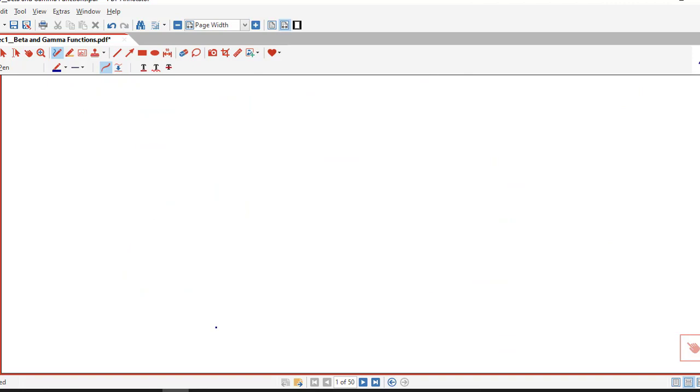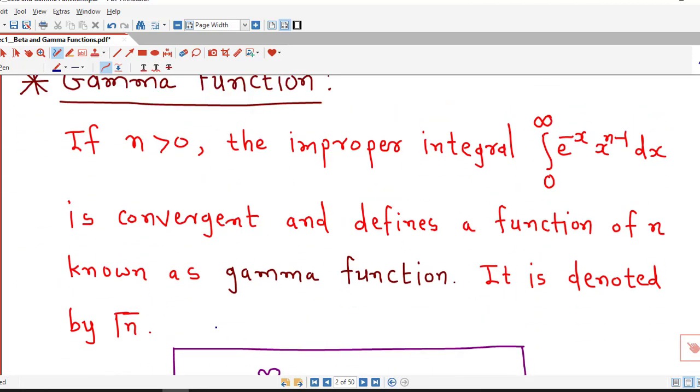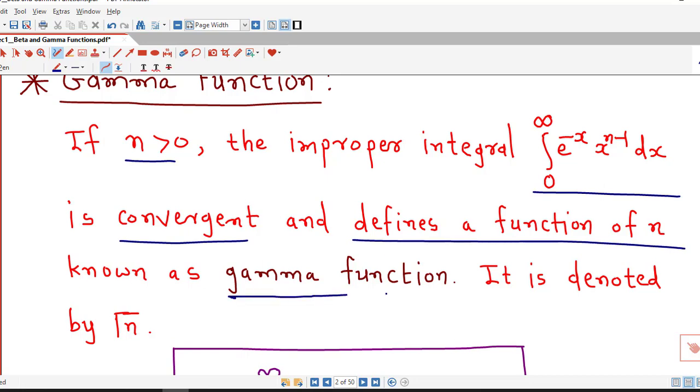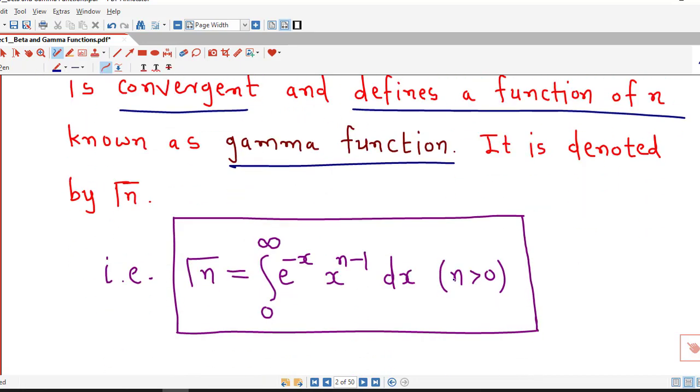So first we have written the definition of the gamma function. If n is a positive real number, the improper integral from 0 to infinity of e raised to minus x times x raised to n minus 1 dx is convergent and defines a function of n known as the gamma function, denoted by gamma n. We will consider the gamma function for positive real numbers only in our course.